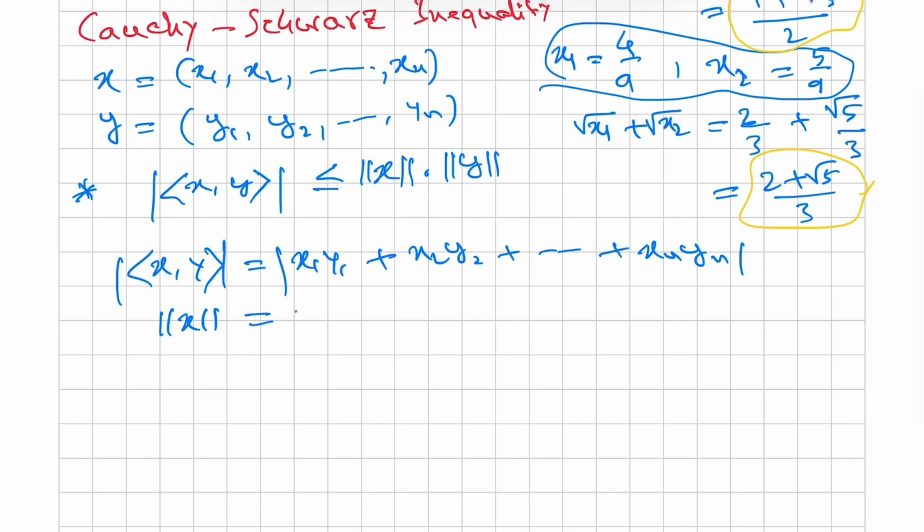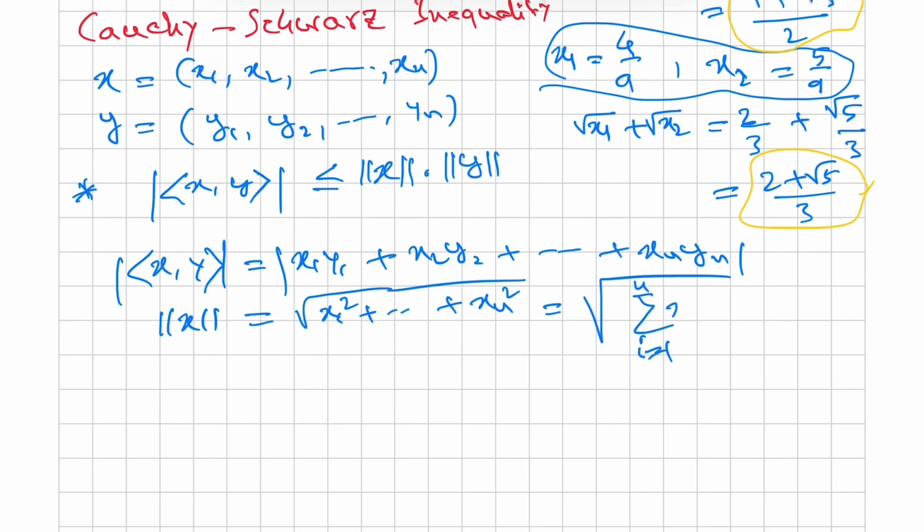Norm x is nothing but square root of x1 square plus dot dot plus xn square, which can also be written as square root of summation i equal to 1 to n of xi square. Similarly, norm y is just square root of summation i equal to 1 to n of yi square. So this is norm x, norm y, and the inner product of x and y.